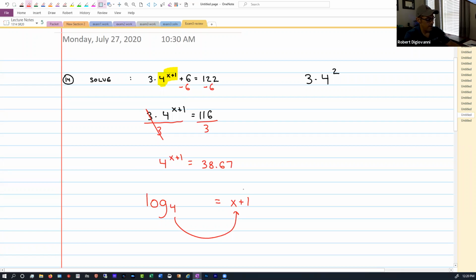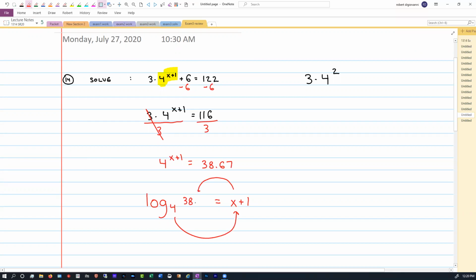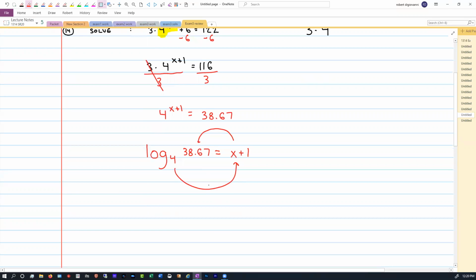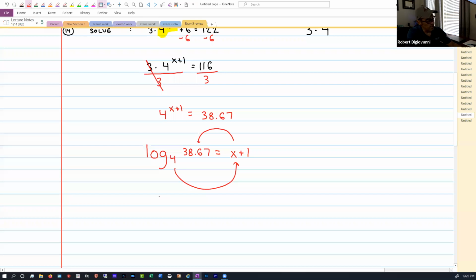And then that must equal 38.67. Now the left side of this, we can use a change of base formula. That's just natural log of 38.67 divided by natural log of 4. And that should be equal to not x, but x plus 1.